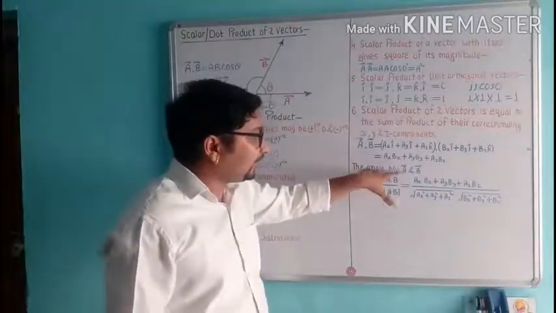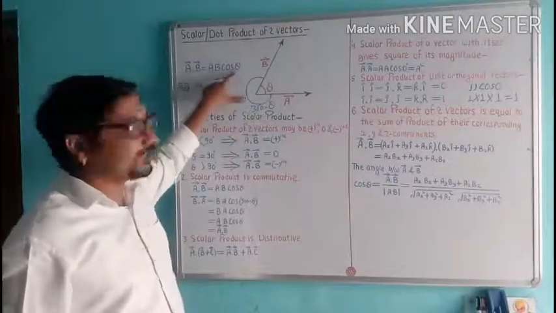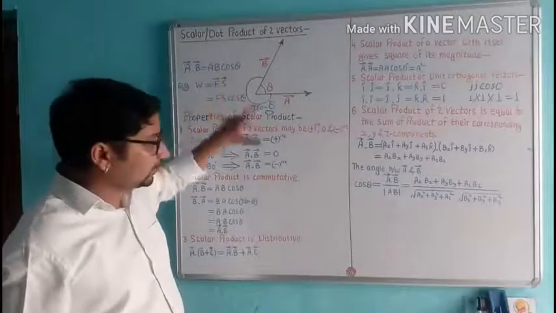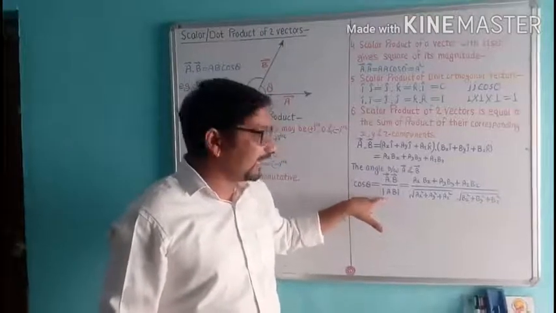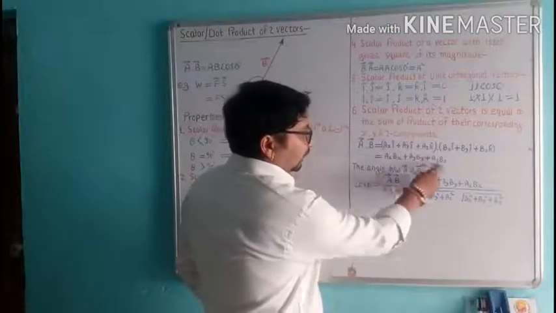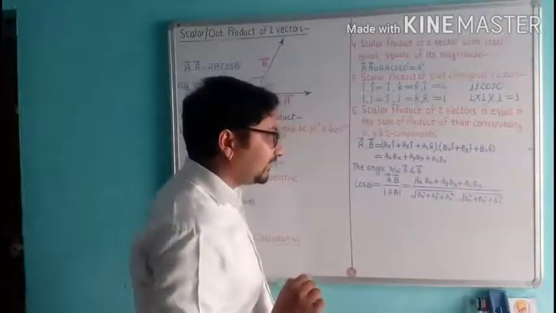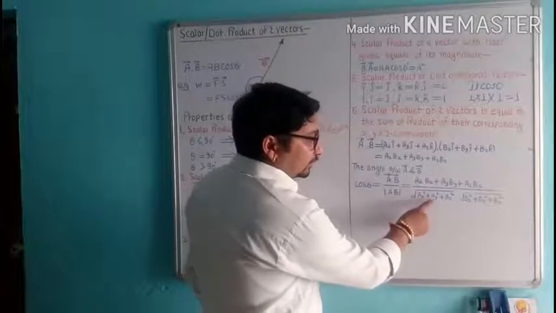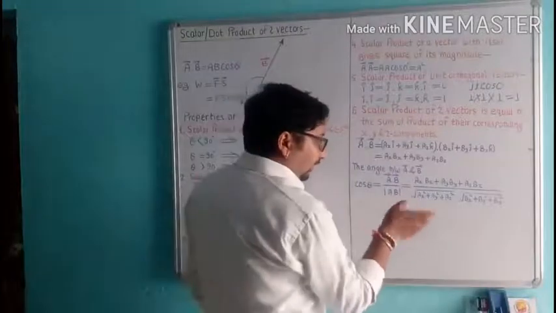Now, the angle between A and B. We know that A dot B is equal to AB cos theta, so cos theta is A dot B upon the magnitudes of A and B. Vector A dot vector B we already found as ax bx plus ay by plus az bz, and the mod of A is root of ax square plus ay square plus az square, as we know from the previous video.